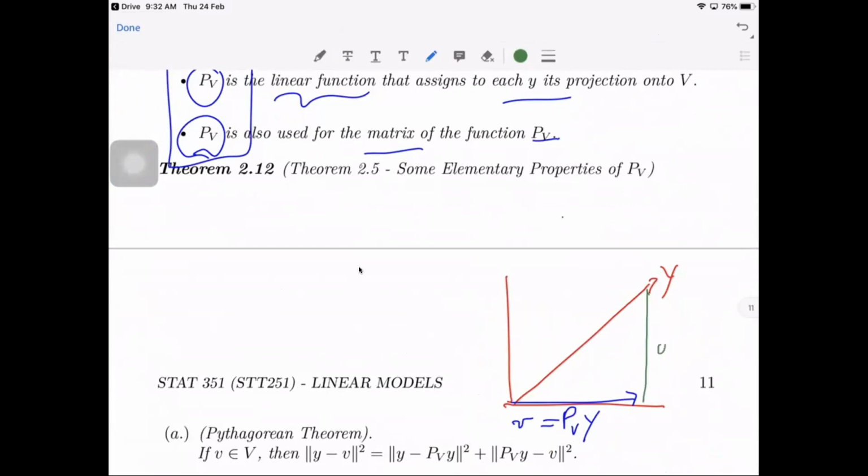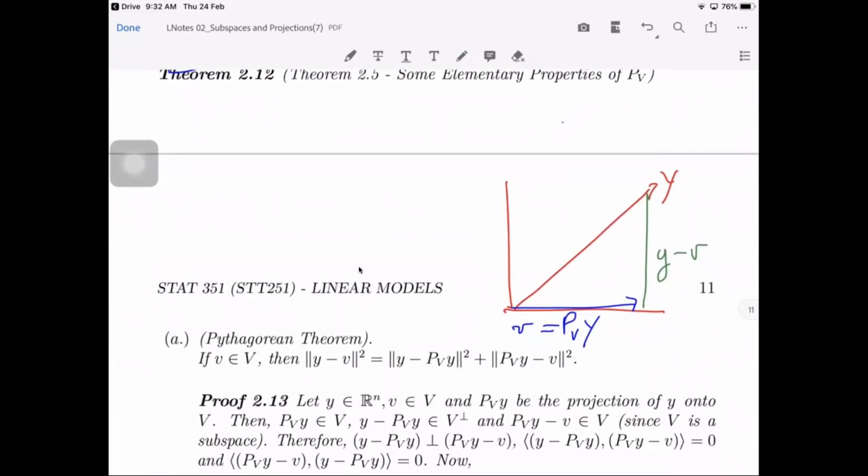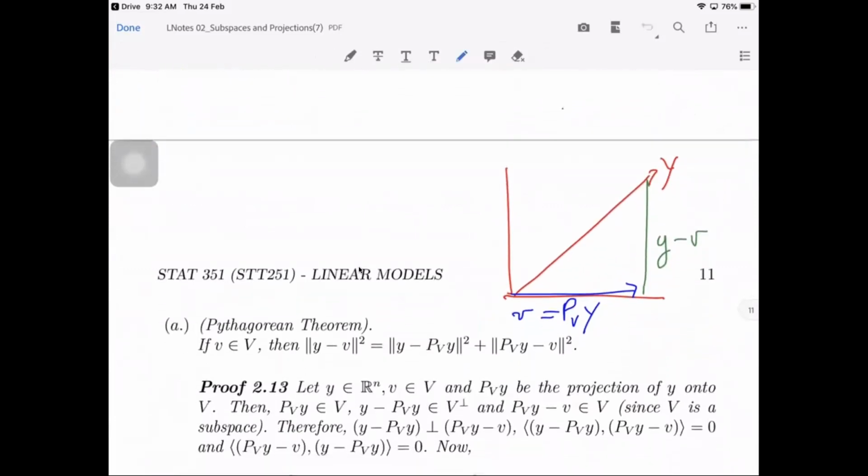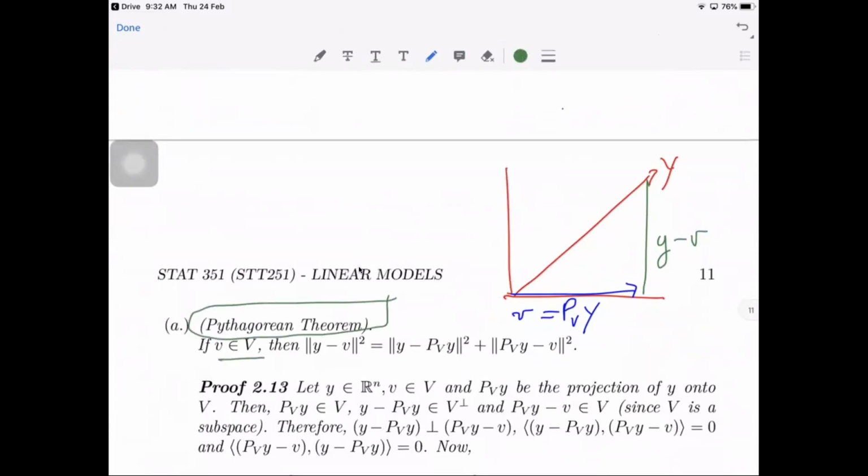This line here is y minus V in V perp. Okay. So if you look at this, this is a triangle, no? Using the Pythagorean theorem. So if B is in V, this is your subspace V here.